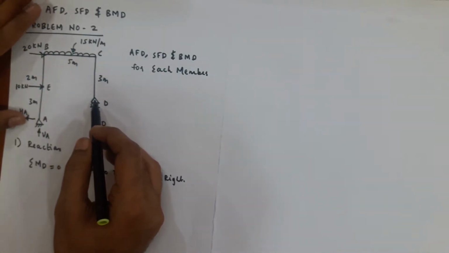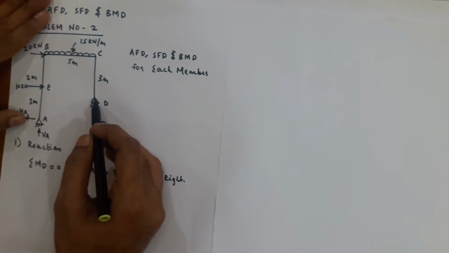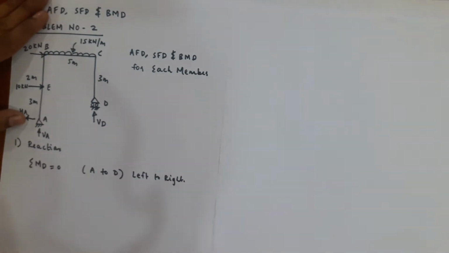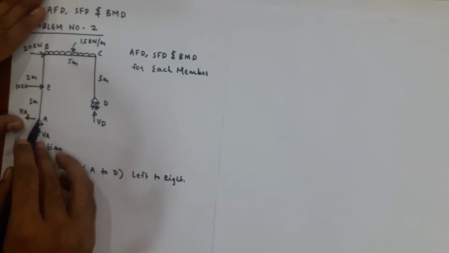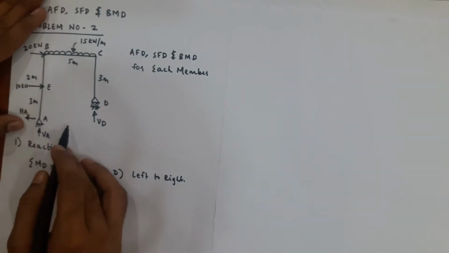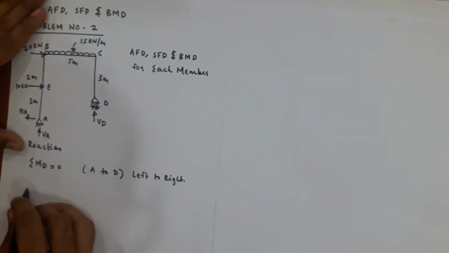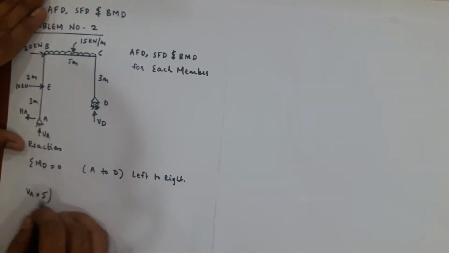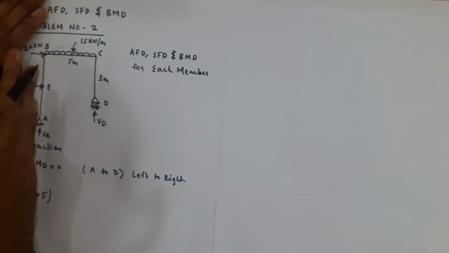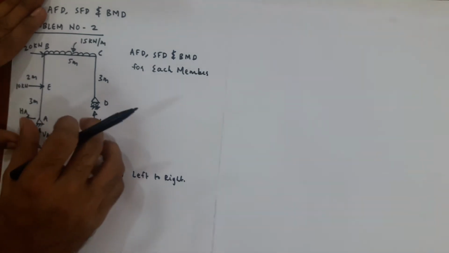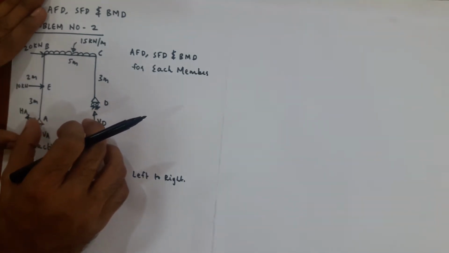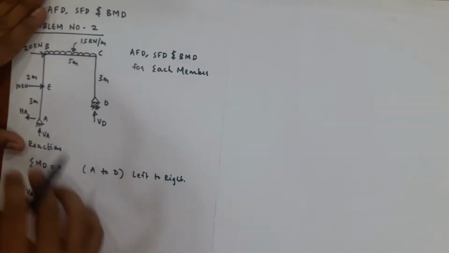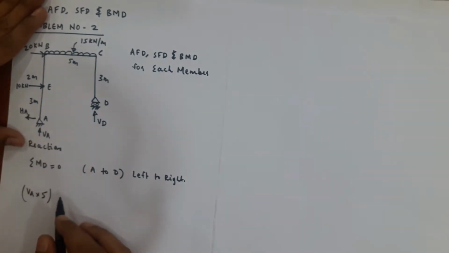We know at roller support the moment is 0. So we have to take all the forces into consideration in order to find moment about point D. So here VA into 5. VA is acting upward, and the perpendicular distance with respect to point D is 5 meter, and it is creating clockwise moment.